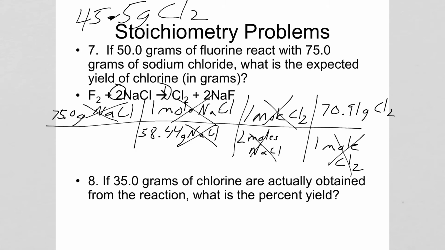Now the next problem, 8, wants to know if 35 grams of chlorine are actually obtained. So it's saying we didn't get the 45.5, we only got 35. What's the percent yield?